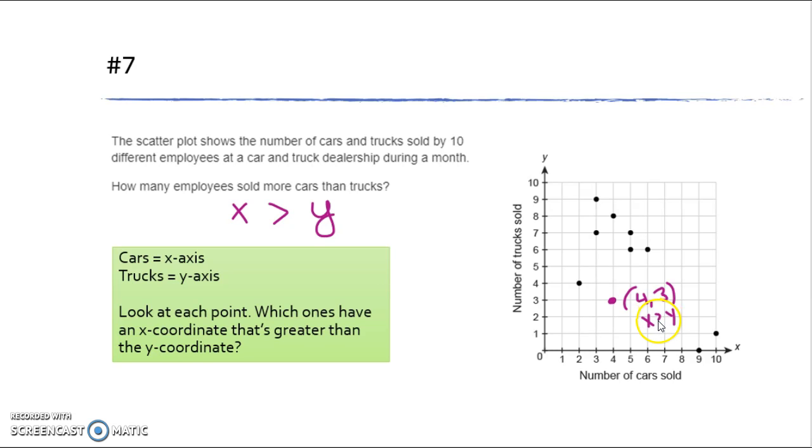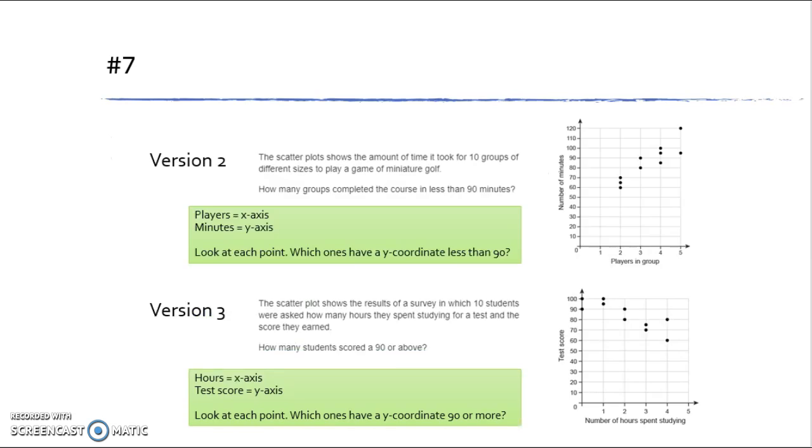X is greater than y, so I know that this one right here, whatever employee this represents, he fits the bill. That's going to count for one of my points that has an x-coordinate higher than its y-coordinate. And you would just need to go through and check all 10 points and then figure out how many of them fit this x is greater than y requirement that you're looking for.